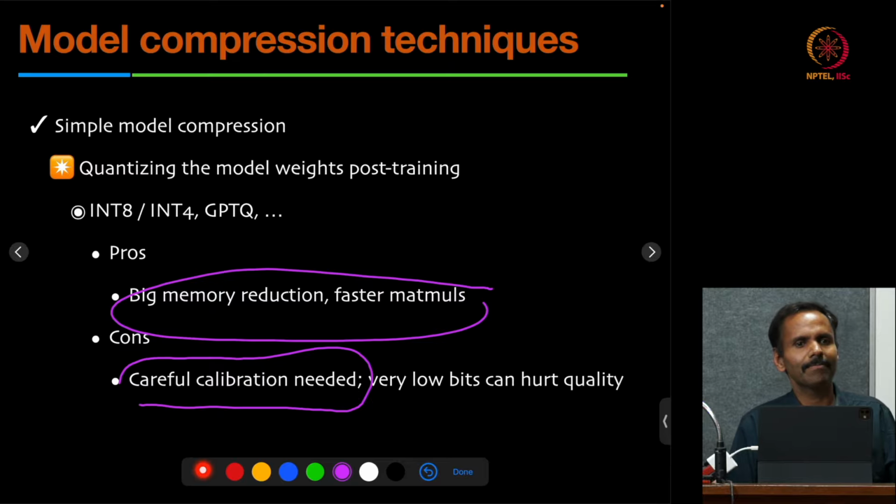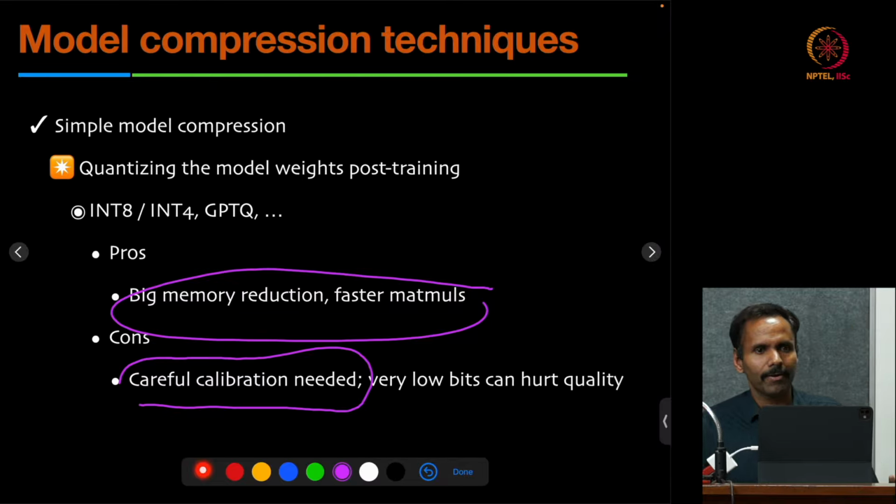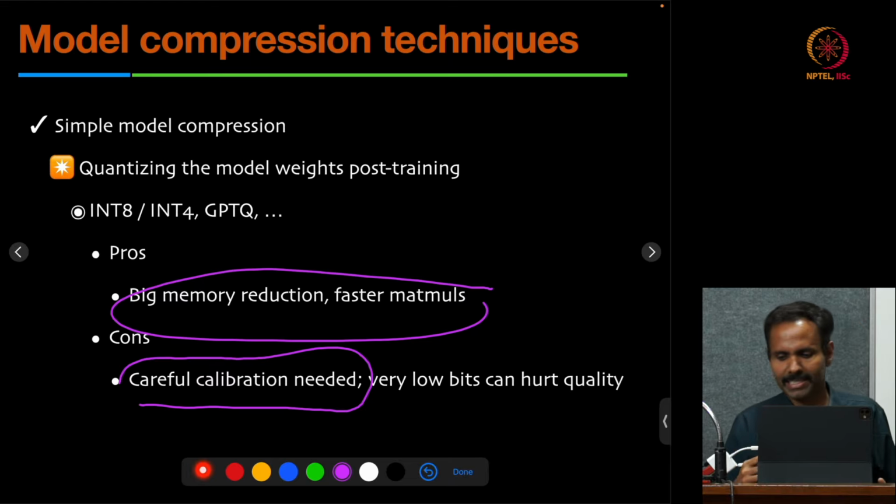So safety alignments could fall apart, model quality could fall apart, task specific skills could fall apart. Modality wise, it can hurt certain modalities a lot more. Maybe image understanding is difficult with a small number of bits, whereas text is fine. So this kind of thing one has to carefully calibrate and understand, otherwise this is an uncontrolled process.